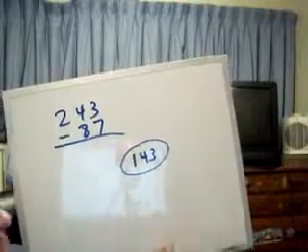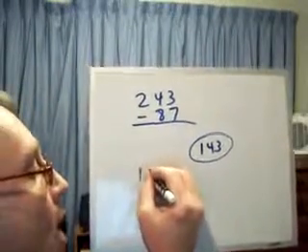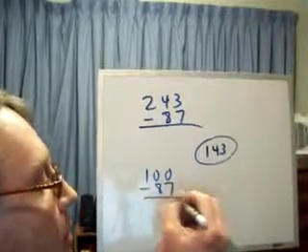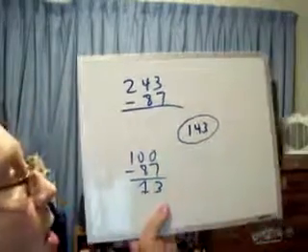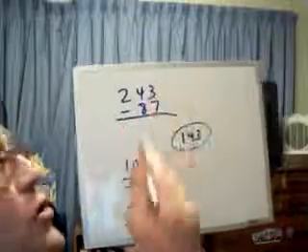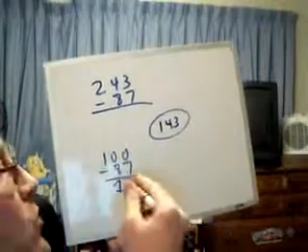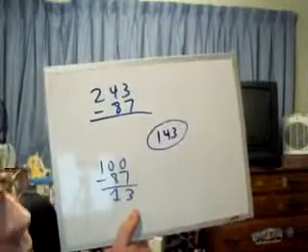That's okay. Now then, what happens when you subtract 87 from 100? Well, you're going to get 13. So we have subtracted 13 too much from 243. When we subtracted 13 too much from 243, we got 143.